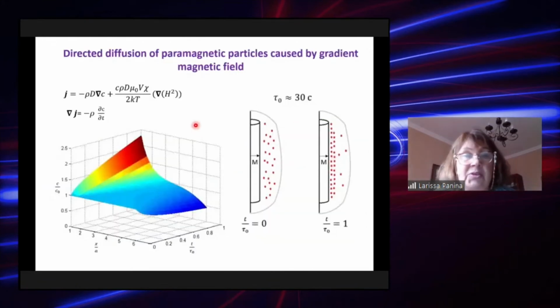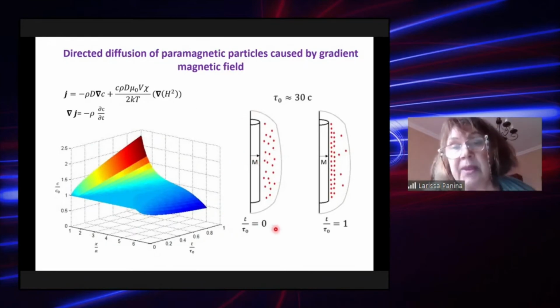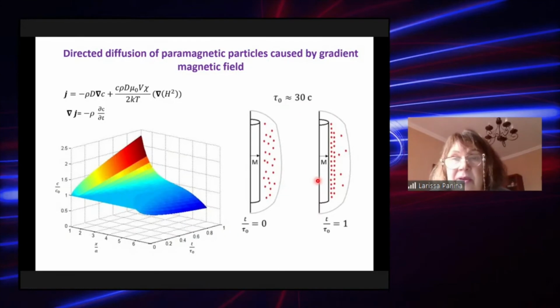Also an interesting result on diffusion. If you have microwires, say magnetized along the diameter, then you would produce quite a large area in which the action of magnetic force would enhance the diffusion. And the calculation shows that, considering paramagnetic particles, say in water, we can redistribute them quite significantly within a characteristic time of just 30 seconds.